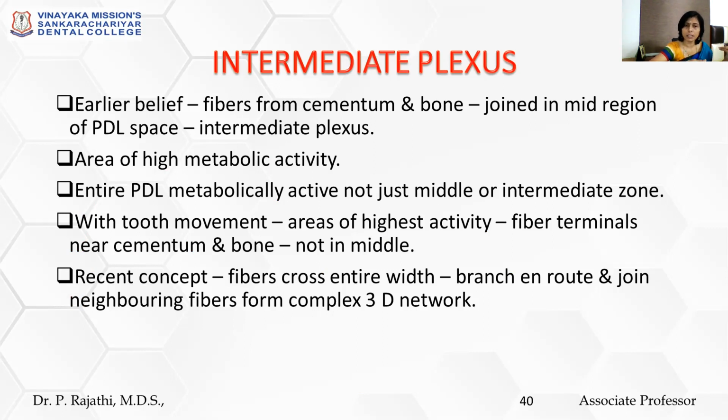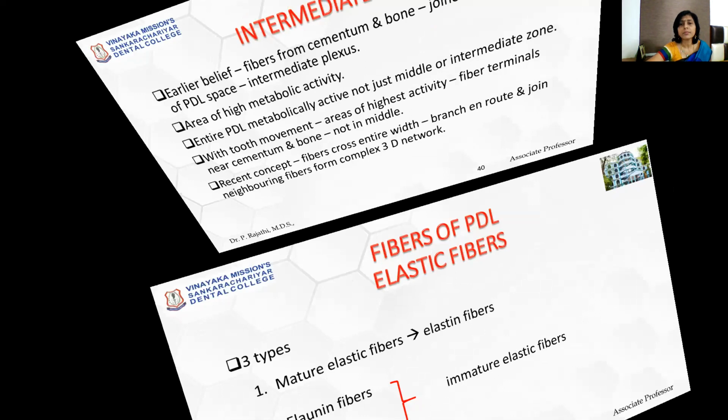Instead, the region where there is high metabolic activity is at the edges, near the cementum or near the bone, but not in the middle portion. So this theory was proved wrong. The fibers cross the entire width, and they branch and join the neighboring fibers and form a complex 3D network. That is the actual truth.